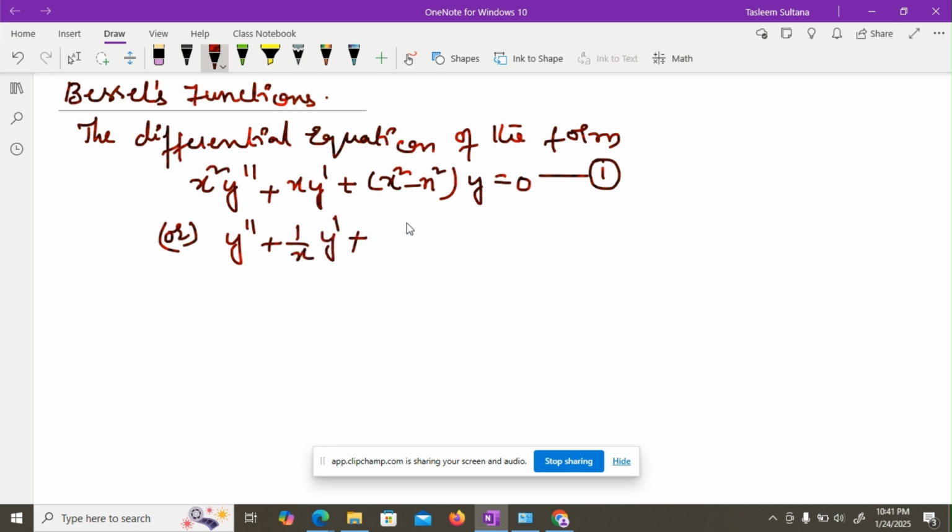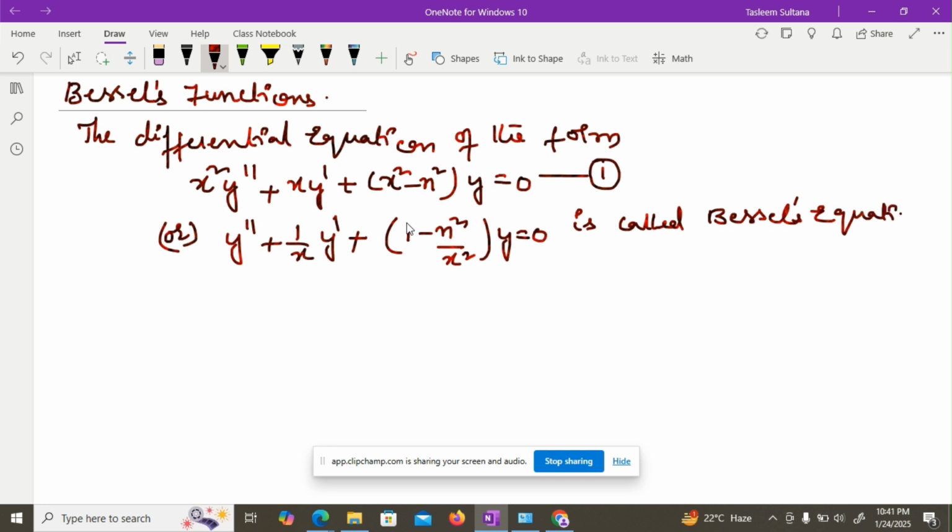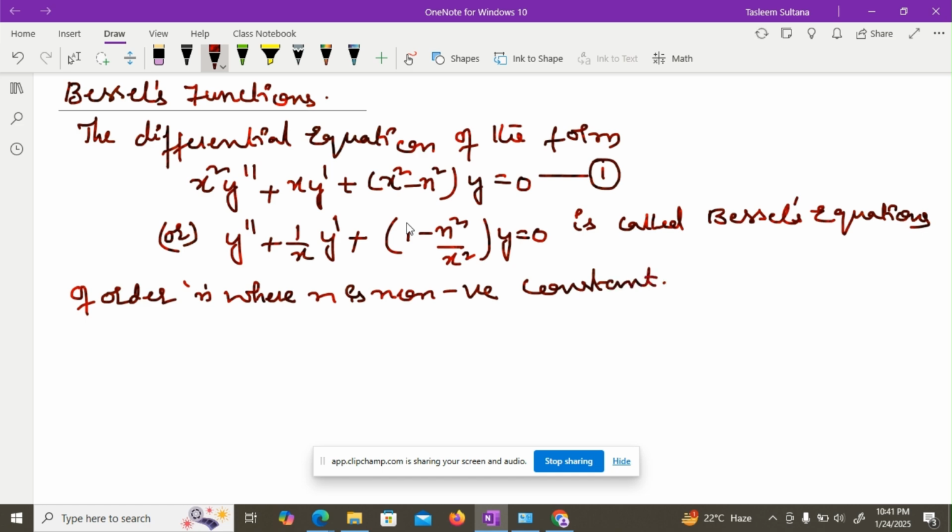Or the same equation 1 can be represented as y double dash plus 1 by x y dash plus of 1 minus n square by x square of y is equal to 0, is called Bessel equation of order n, where n is a non-negative constant.